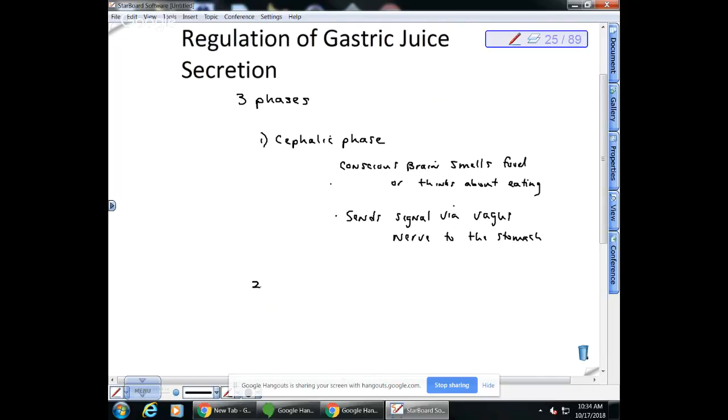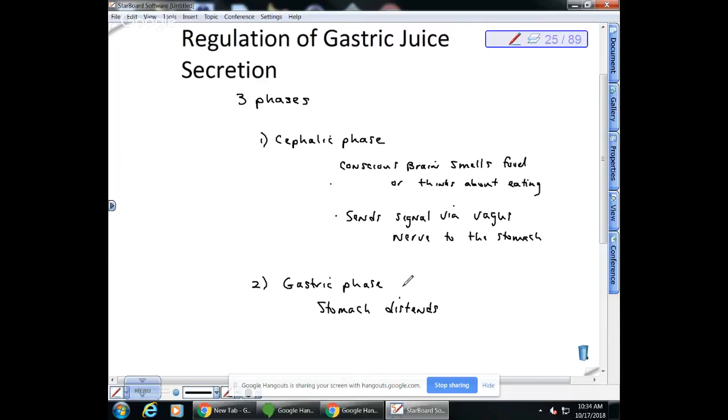The second phase is called the gastric phase. So this is when the stomach distends, right? So it gets full, right? So you have distension of the stomach. So I'll just put stomach distends. So it gets full, okay?